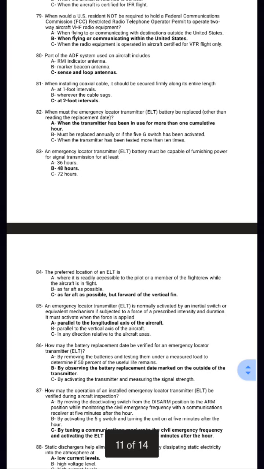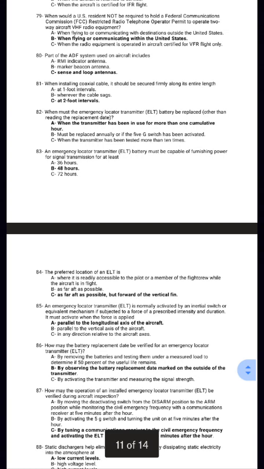So when must the ELT battery be replaced? When the transmitter has been in use for more than 1 cumulative hour. Cumulative hour, what a stupid word.